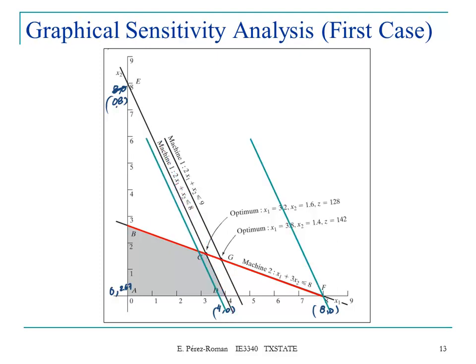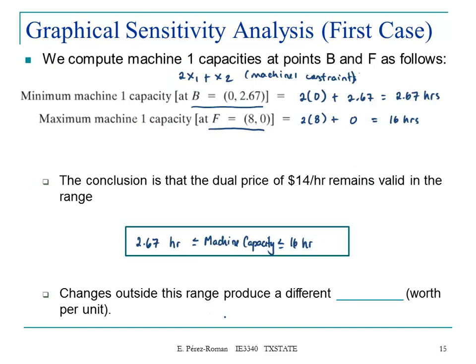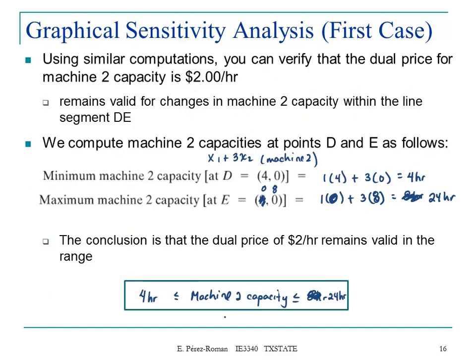So yes, it should be 0, 8. So you can make that change. It should be 0, 8, and the total should be 24 hours.